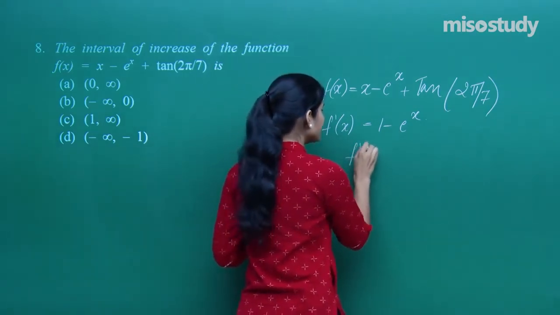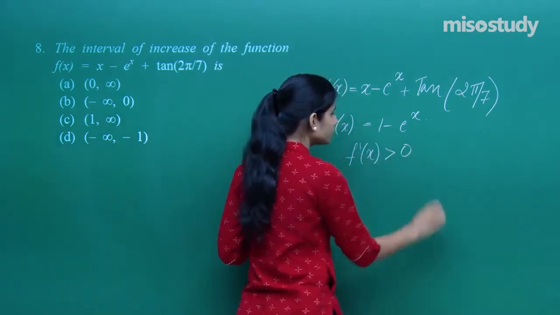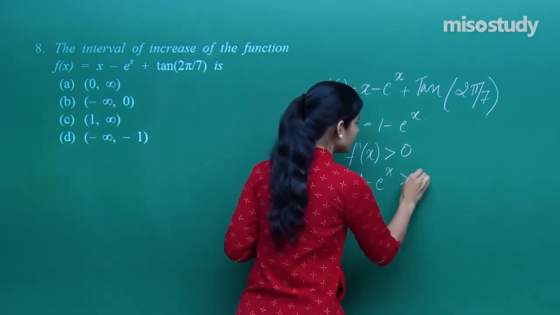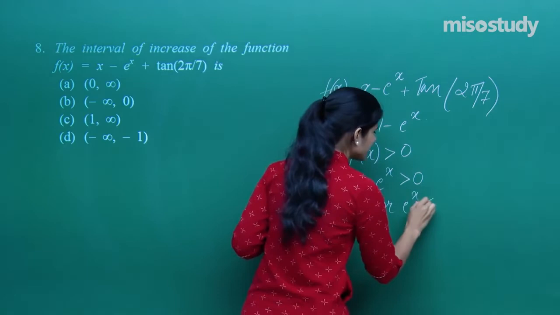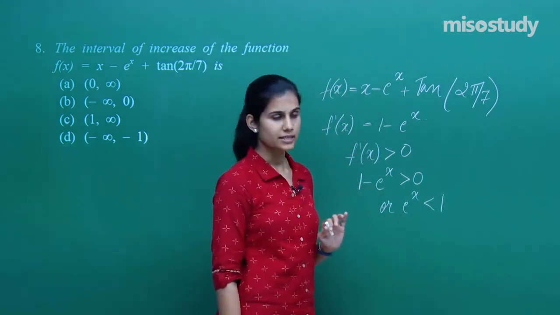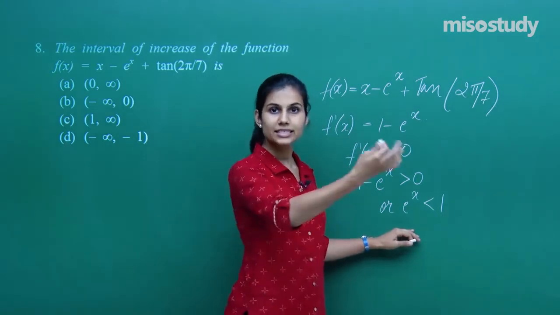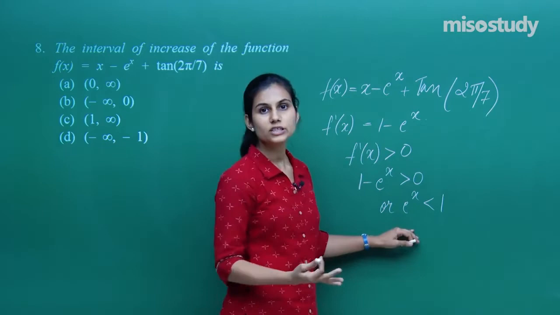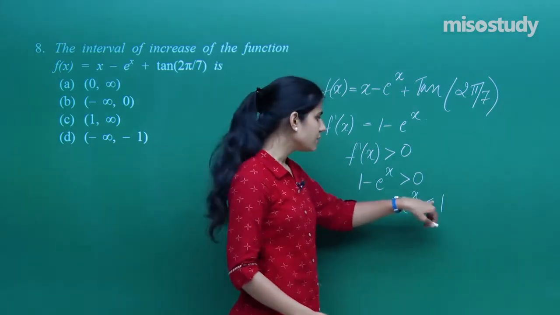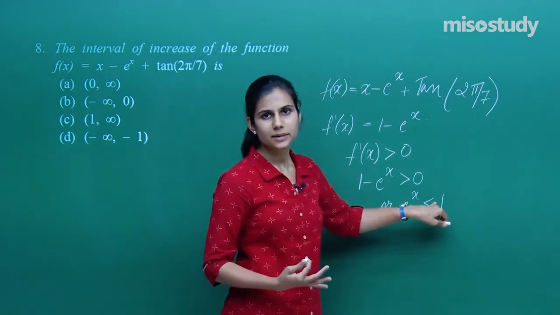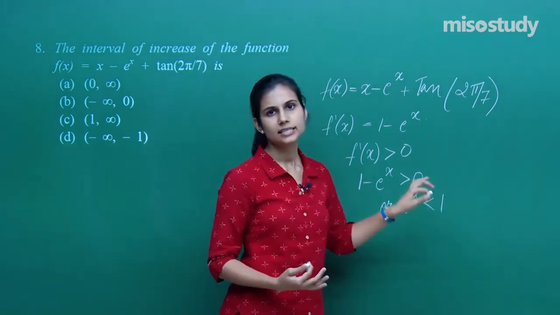That means I am interested in all those x for which f dash x is positive, right? That means 1 minus e to the power x is positive or e to the power x is less than 1. Remember the very graph of e to the power x. This is very, very simple. E to the power x is less than 1 when x is lying in minus infinity to open 0. Because at 0 it will be equal to 1. Before 0 at all the values, all the negative values basically I am saying e to the power x is less than 1.